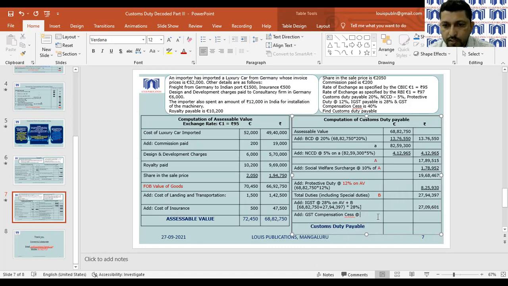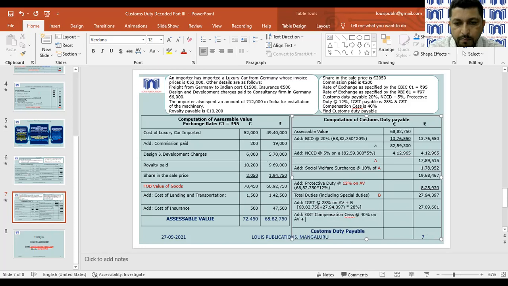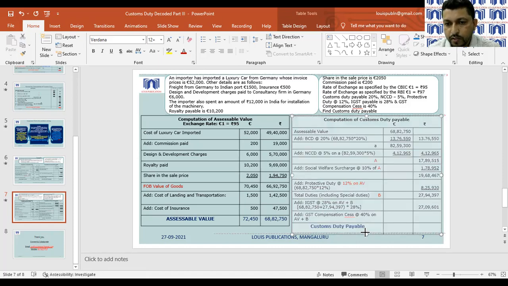Similarly, we have GST compensation cess. Since it's a luxury car, it's a luxury product, so GST compensation cess is leviable, and the rate given is 40% on AV plus B. That is the same value that we have taken as far as our IGST calculation is concerned.